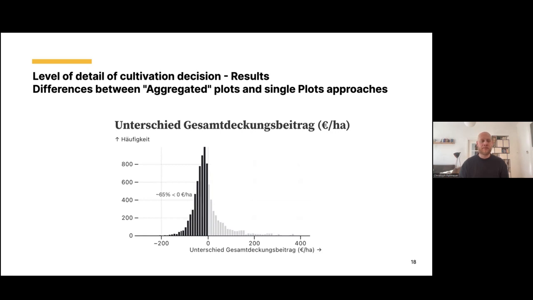If a policy evaluation study using the aggregate approach finds, say, a new policy that forbids the use of pesticides and herbicides, and we find with our model there's almost no difference in the profits, but if you now use the single plot approach, you see, oh, all of a sudden there's quite a big difference in profits that leads to a whole different conclusion in the policy evaluation.